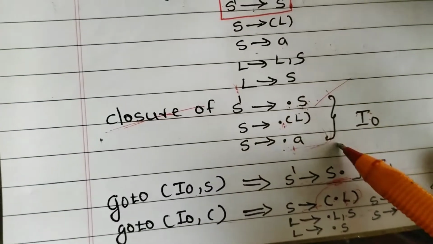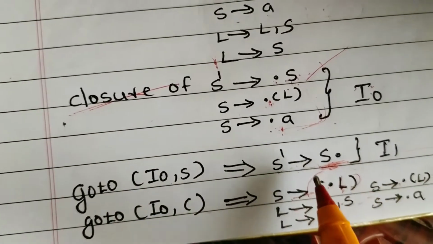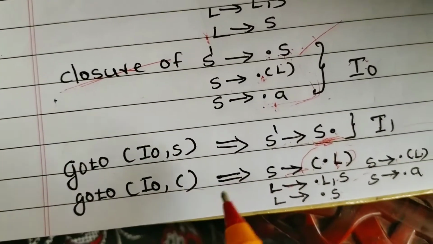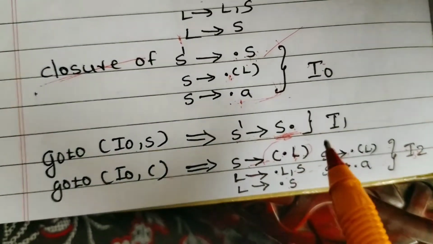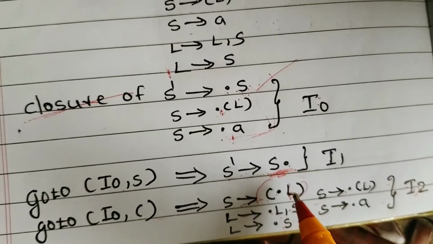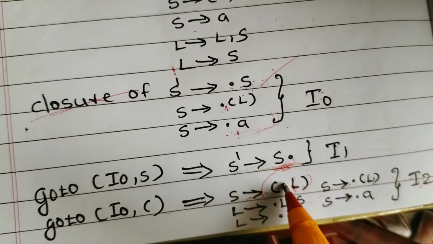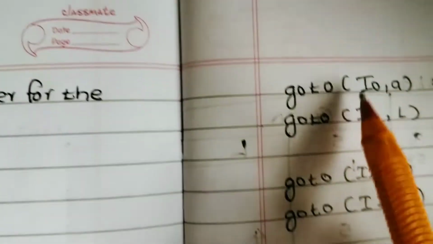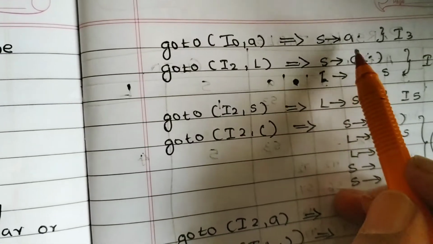So all three productions of I0 are completed. Next, in I1 there is no production to take, since the dot has already reached the end position, so we can leave it. Now in I2 we have many things to parse. Initially we take L, since after the dot L is present, so we move the dot: goto of I2 on L gives S tends to open bracket L dot closing bracket.